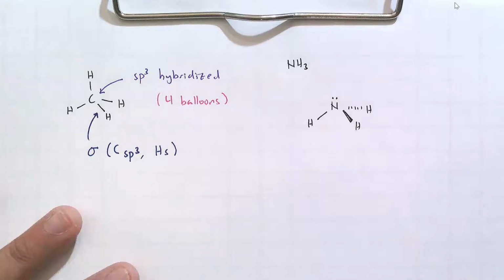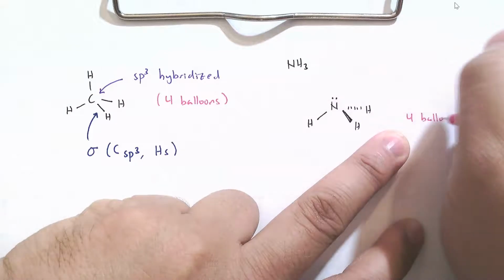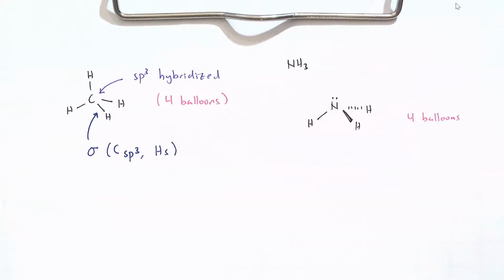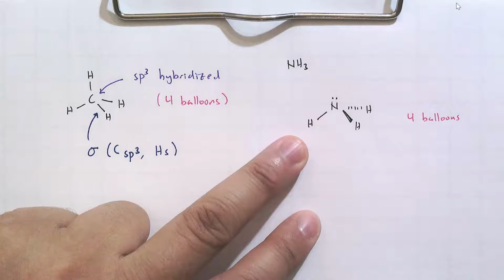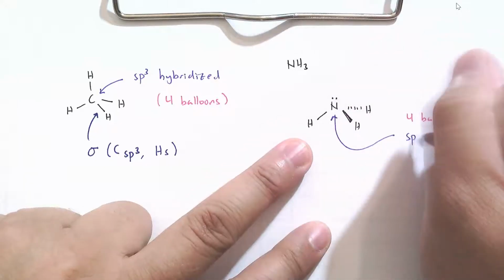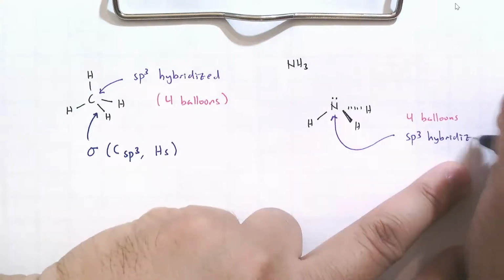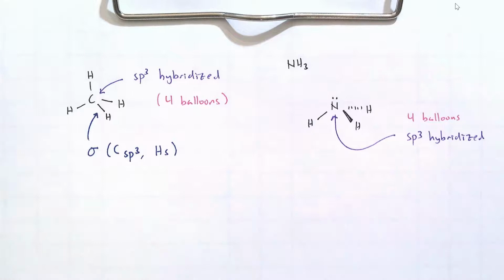But what's important here is that you realize that this is also four balloons. Hence, the central atom is still sp3 hybridized. How is that possible?